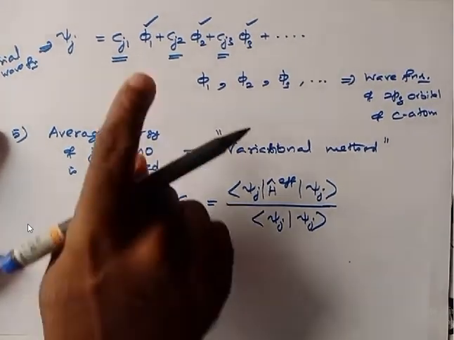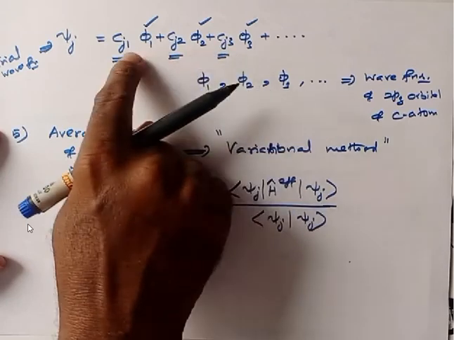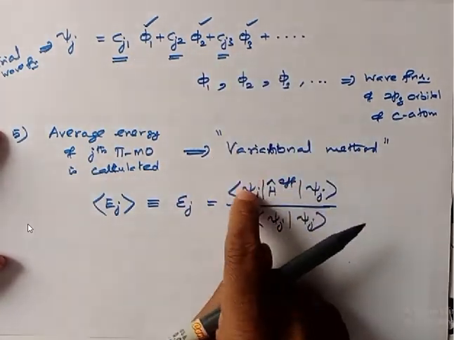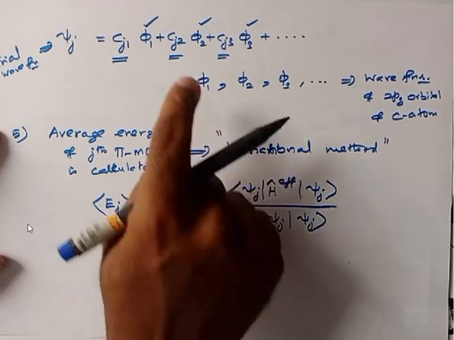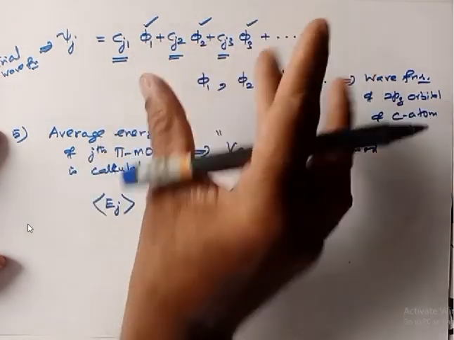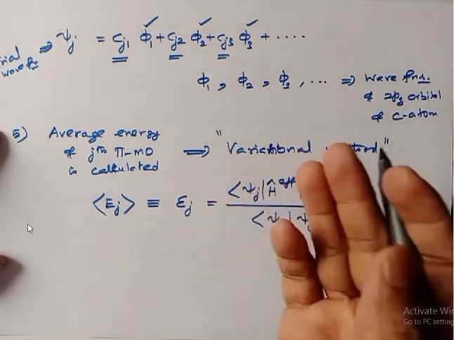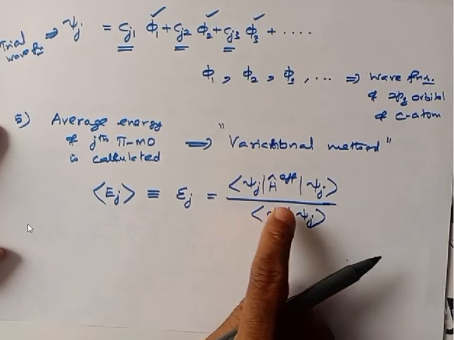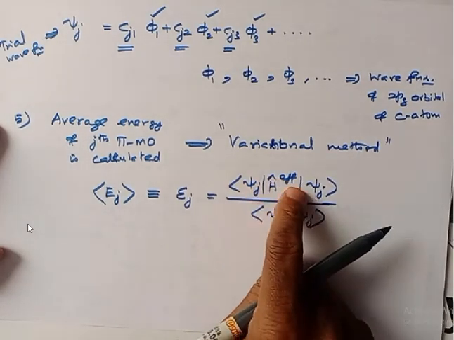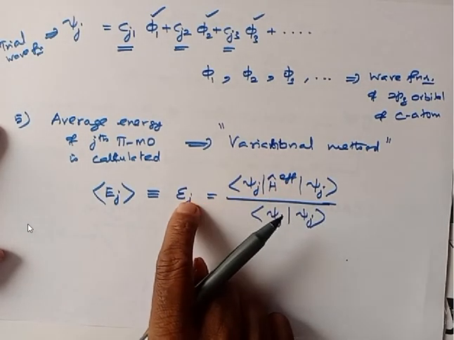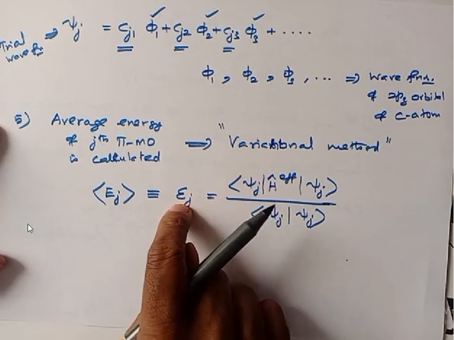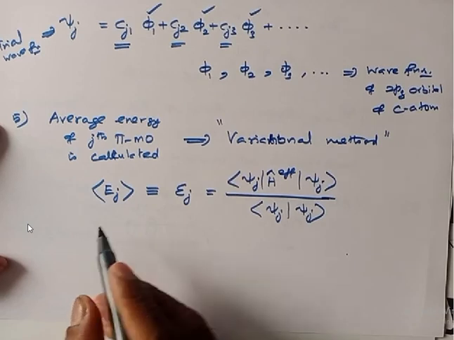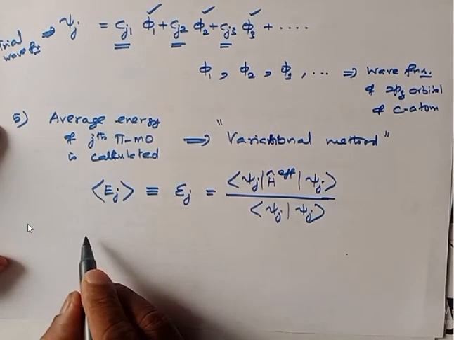Since this wave function is a linear combination of many atomic functions, depending upon the number of functions that we combine, you'll get several equations. If you use this formula, you will get the energy, but we have to minimize the energy for each coefficient.